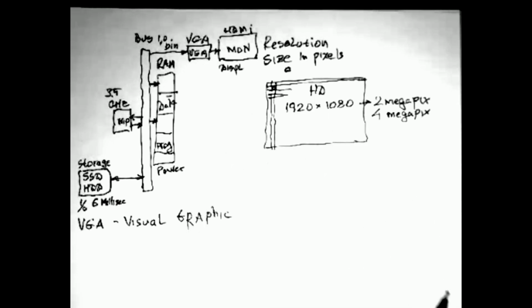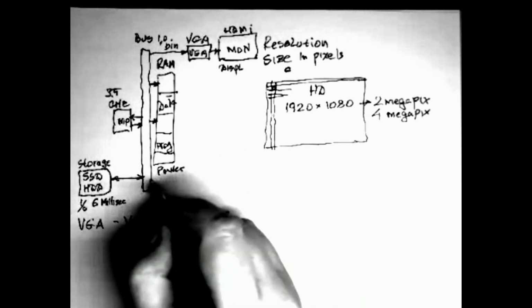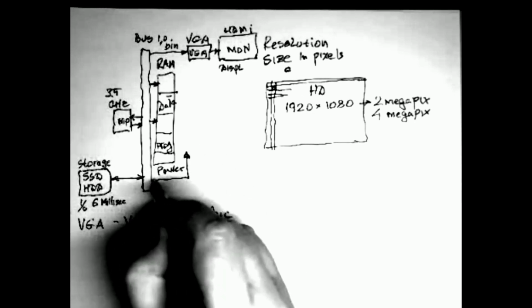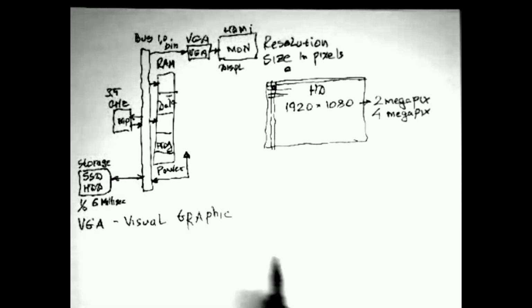Okay, so this is display. To make this computer connectable to the internet, we need a specific device. Let me go here, and that will be a bidirectional connection to the bus.